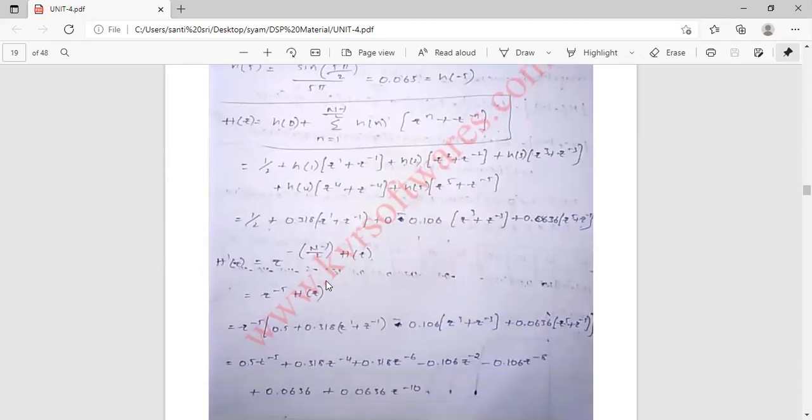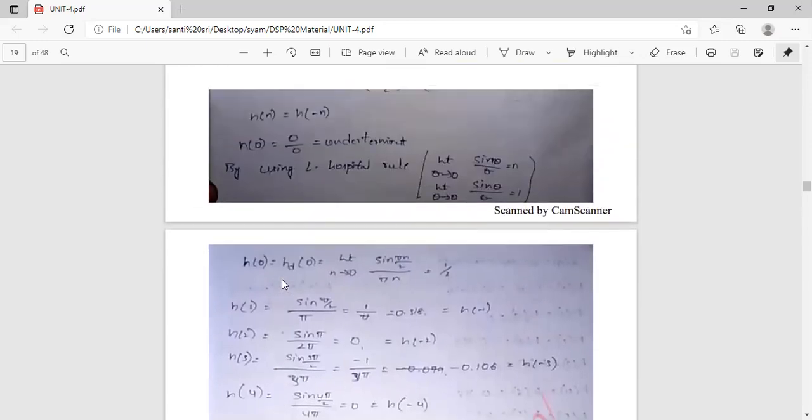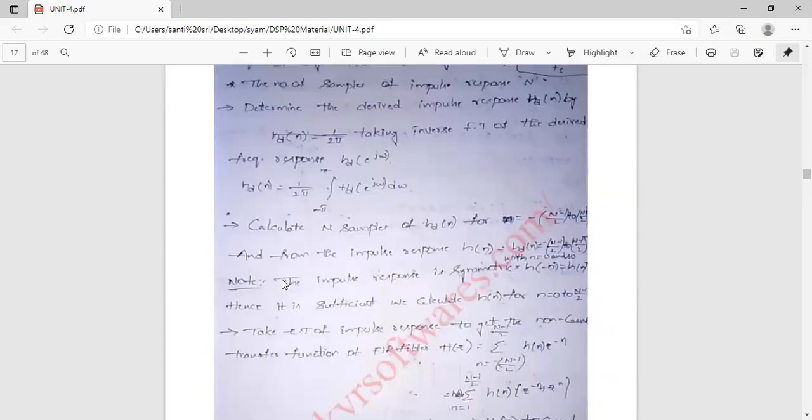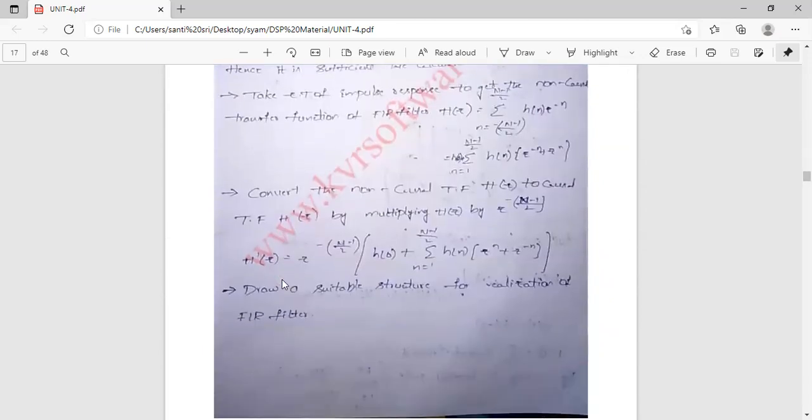Okay. So h of z equal to h of 0 plus sigma n equal to 1 to (n minus 1) by 2, h of n into (z power n plus z power minus n). So by simply substituting these values, we will get h of z. Then h dash of z is multiplied by z power minus (n minus 1) by 2 into h of z.